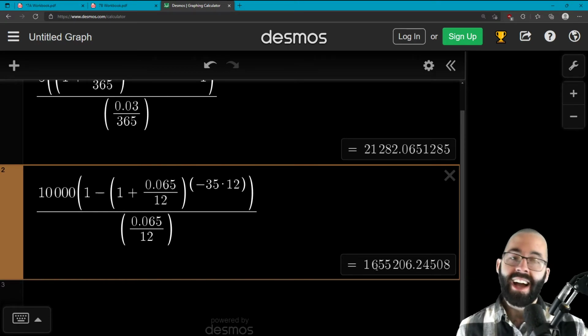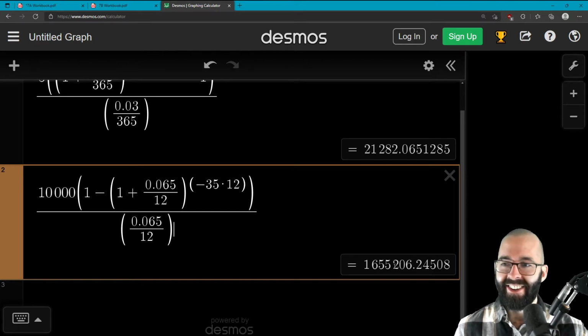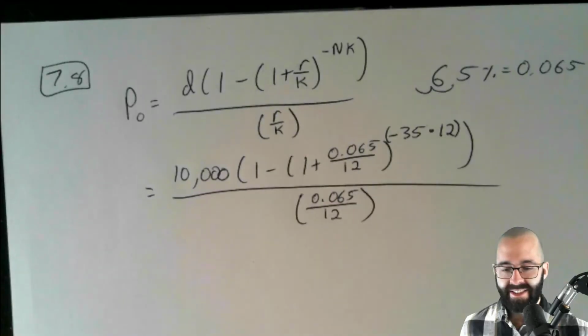That's a big number. If you want to live off of 10 grand a month for 35 years, you're going to need a lot of money in that retirement account. Let's copy that number down and round to the nearest cent.